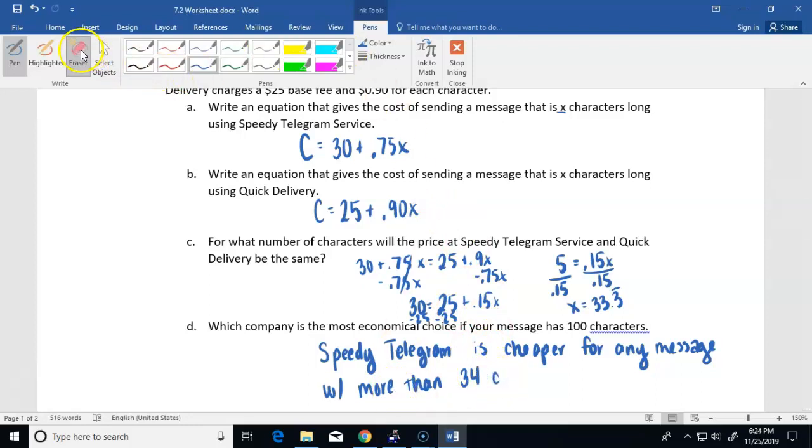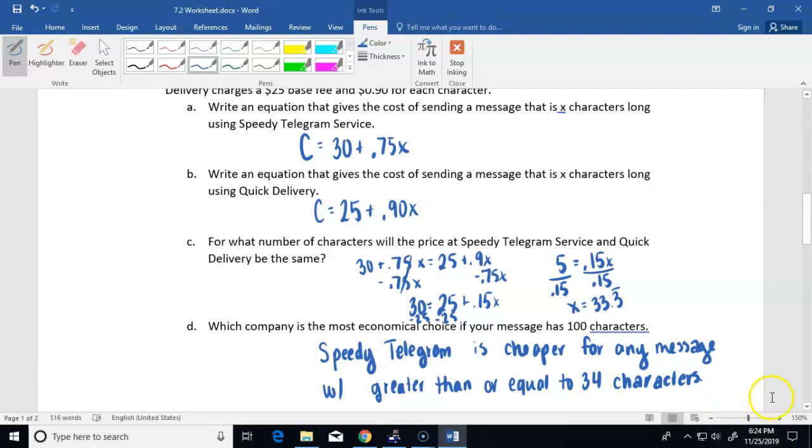Actually, we shouldn't say more than there because that would mean 34 would not count. With greater than or equal to 34 characters. It would probably sound best if we said with 34 or more characters there.